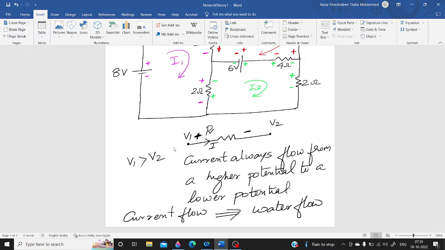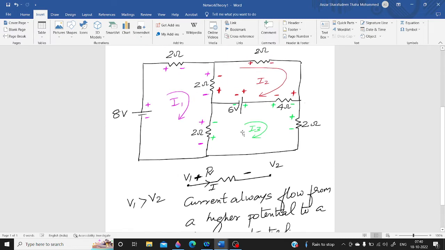So when the current is flowing along a resistor, there is always a decrease in potential along the direction of current, because along the direction of current the potential decreases from positive to negative. So while writing Kirchhoff's voltage law, you have to note down the polarity of the voltage, whether it is an increase in potential or a decrease in potential.